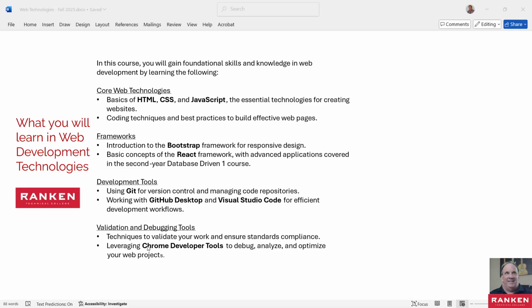I know some students have used other ones, Firefox, etc. But I really suggest you stick with Chrome, so that when we're discussing things and I'm demonstrating some things, it'll be a little easier for you. There are also some tools within Chrome that most users don't realize are there. It's called Chrome Developer Tools, and we can use it to debug, analyze, and optimize web projects. Okay. We'll look into that as we move forward in this course.